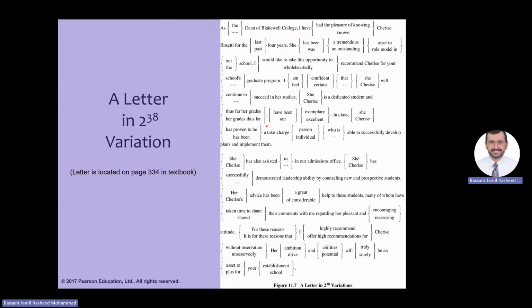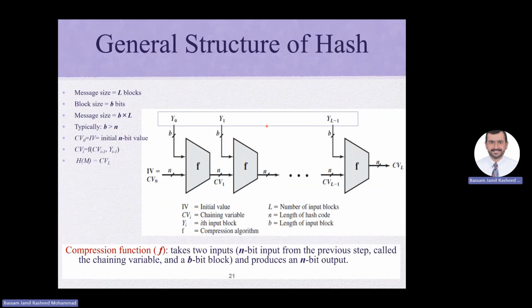Okay, so in general, if you look at hash functions, you have the data, the message right here, consisting of L blocks. Every block has b bits, for example in SHA-2 this is 512, or in one of the SHA algorithms that we talked about, 1024 bits.